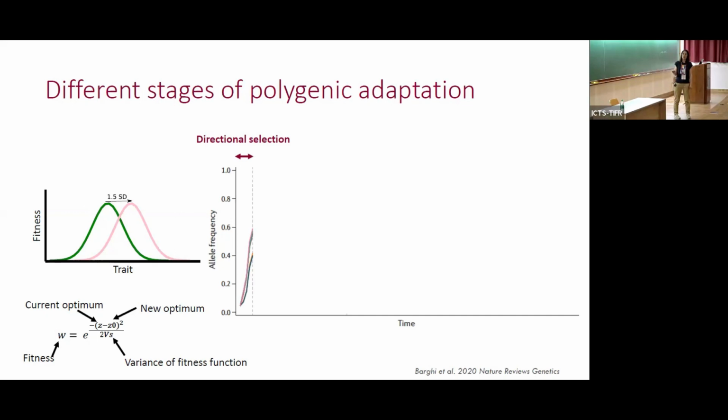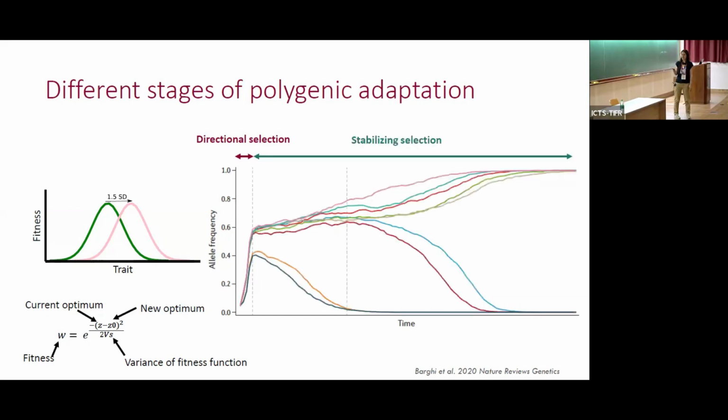In the initial phase of adaptation, after a sudden shift, the selection is mostly directional, and we have large frequency changes. But after the new optimum is reached in this new environment, selection would be mostly stabilizing. So alleles initially undergo some drift, or they plateau, and later on, after a long period of time, they either get fixed or they are lost.